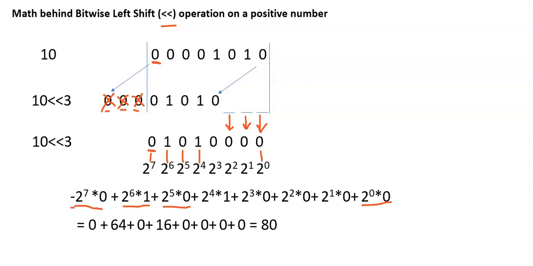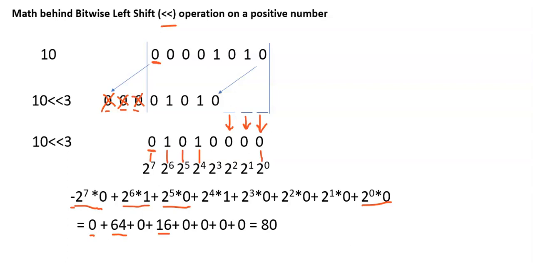In this fashion, minus 2 power 7 into 0 becomes 0. 2 power 6 value becomes 64. And 2 power 4 value becomes 16. And so on. The final value is 64 plus 16, that is equal to 80. In this fashion, the left shift operator works.